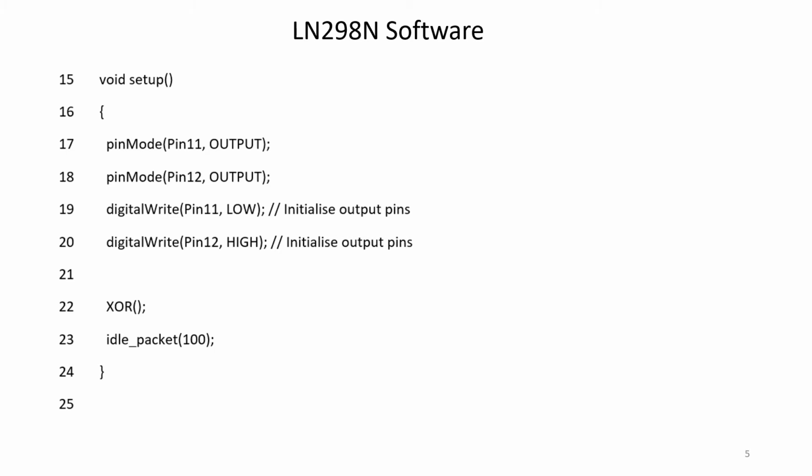The first thing I do in communicating with the decoder is to send to the decoder 100 idle packets. And each of these idle packets is approximately 2.5 milliseconds long, and these 100 idle packets are used to initialize the decoder to tell it that it's probably about to receive a command packet.